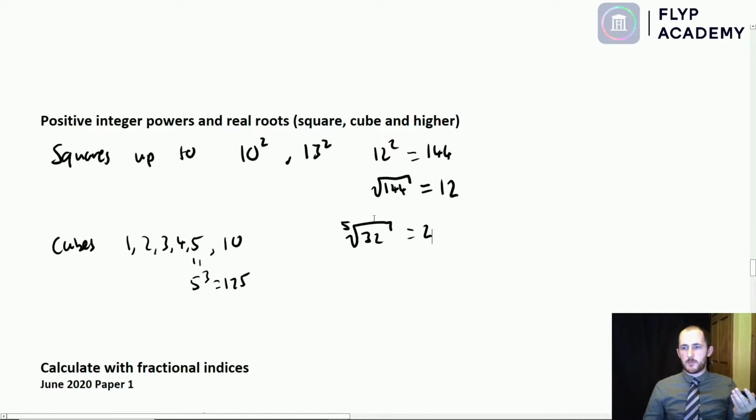Okay, so for example, the 5th root of 32 or the 6th root of 64 is 2. So they don't ask you literally any of these numbers, and I wouldn't advise necessarily memorizing them. What I'd recommend you do is just do enough practice that you know them off the top of your head. Okay, and you can recognize them fairly easily. The only ones I would bother memorizing are the square numbers up to 13 squared, which, not too bad. You can always work them out anyway. Okay.